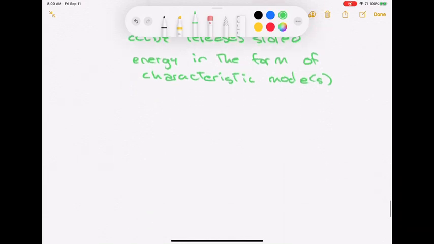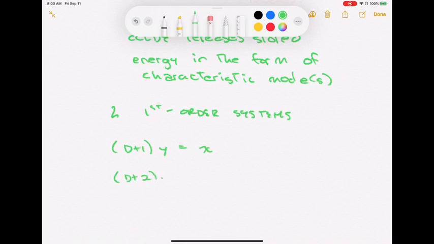So, for example, consider two first-order systems. One is (D plus 1) y equals x, and the other is (D plus 2) y equals x. Looking at the first one, what is Q of lambda?